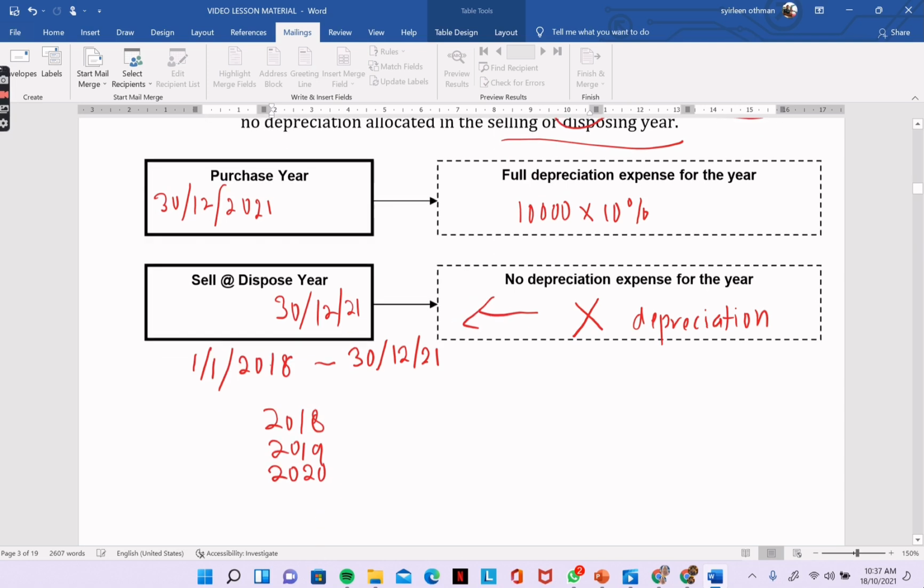Your year of disposal is 2021, and since we are using the yearly basis, there won't be any depreciation calculation for this year. So your accumulated depreciation is only based on the three previous years. The way you calculate for the yearly basis is slightly different, but it won't do much justice to your asset.